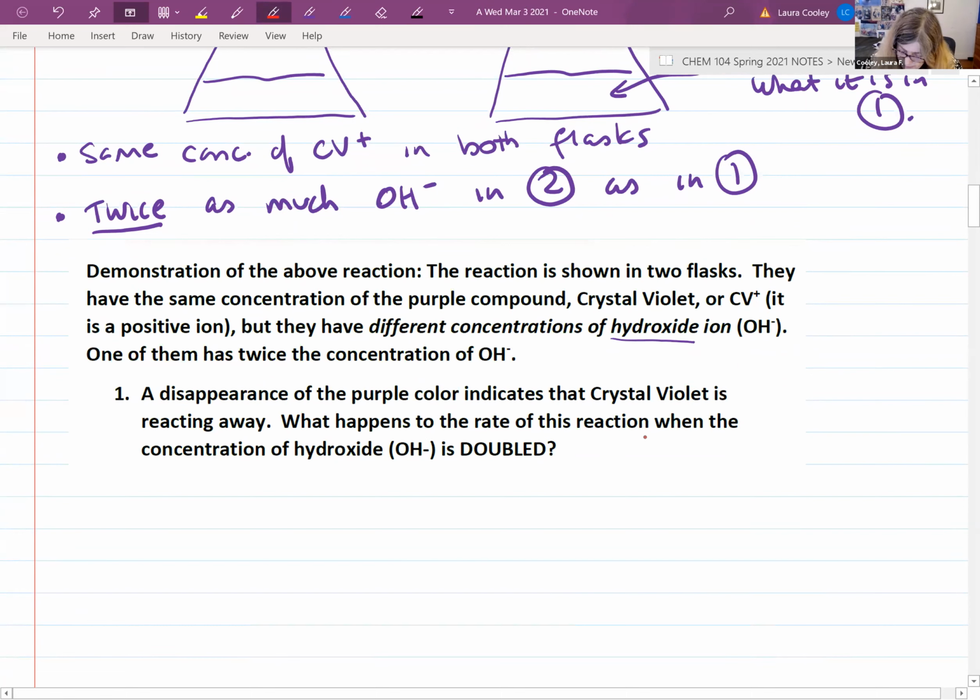What happens to the rate of this reaction when the concentration of hydroxide is doubled? That's a very simple question.